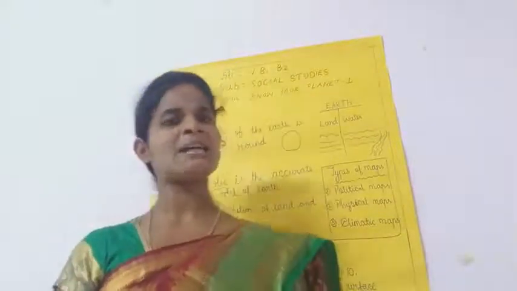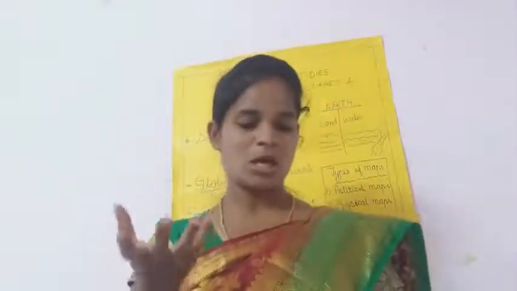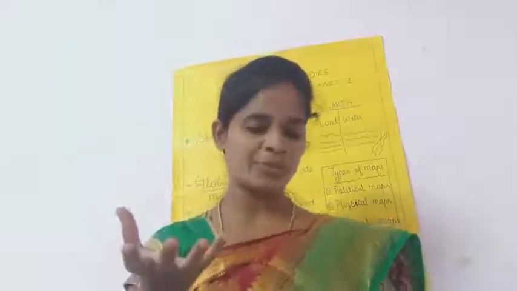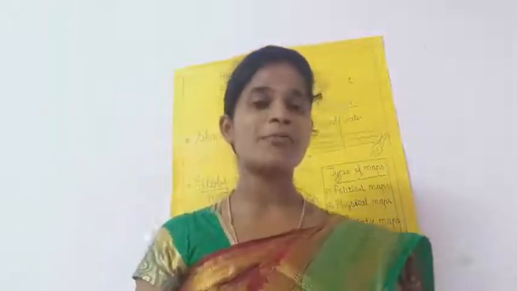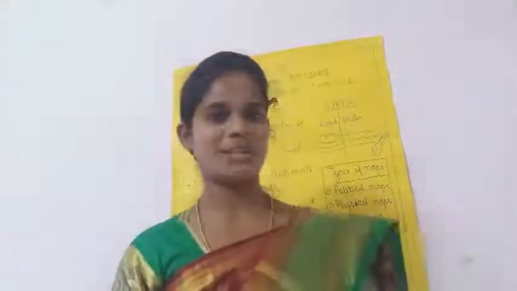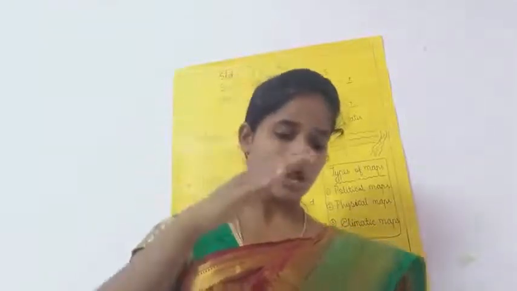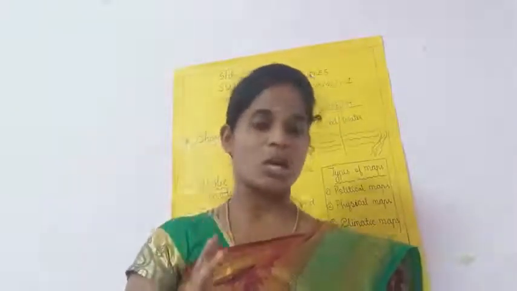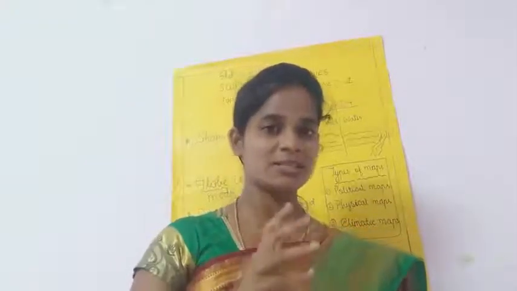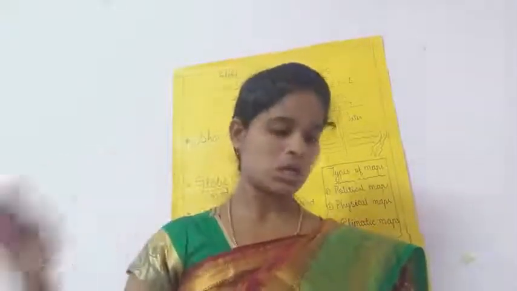As I said, a globe is a model of the earth. It shows the distribution of land as well as water. We can also see the correct shape, size and location of the continents and oceans.